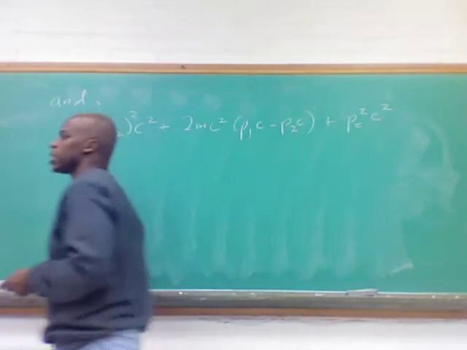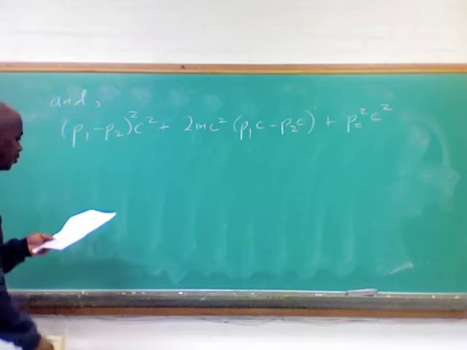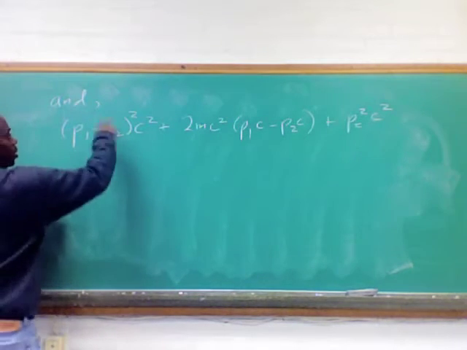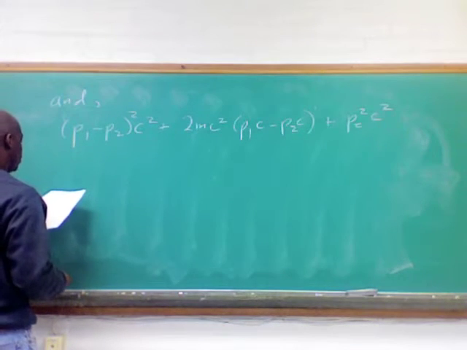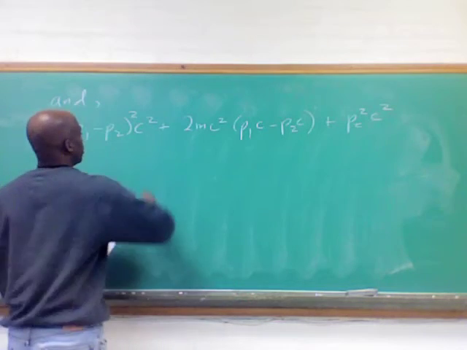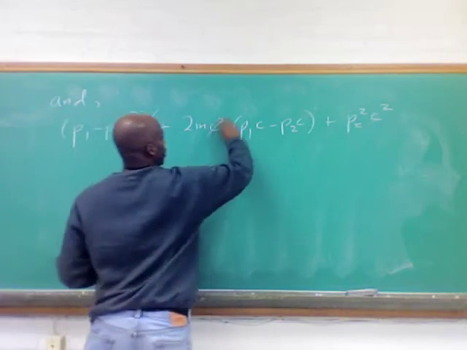Alright, so we've just gotten rid of our MC squared. And then squaring this out, we can immediately see we can get rid of our C squareds.